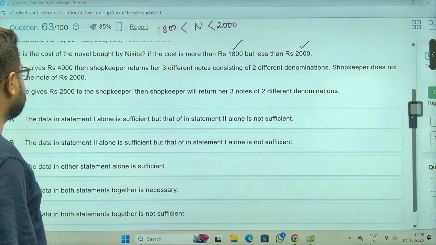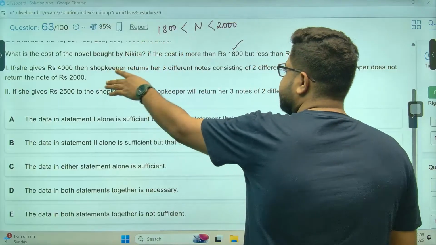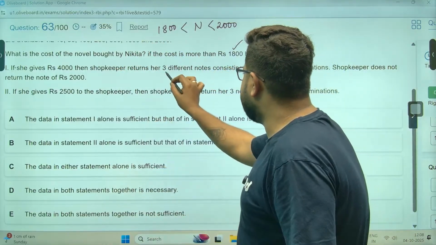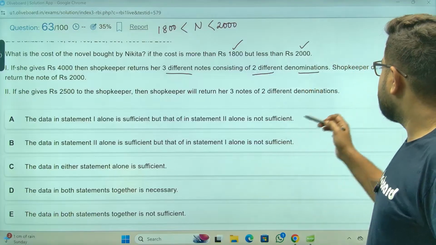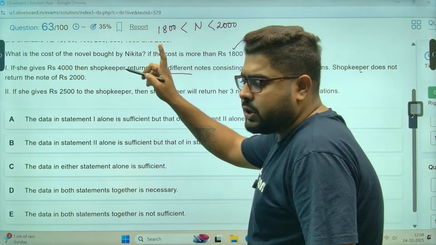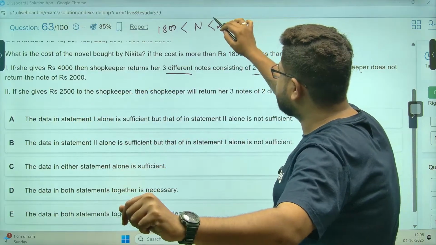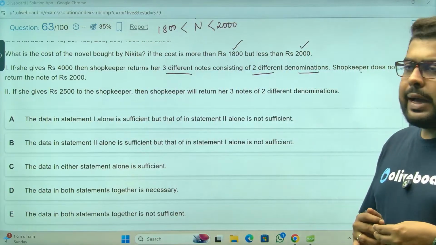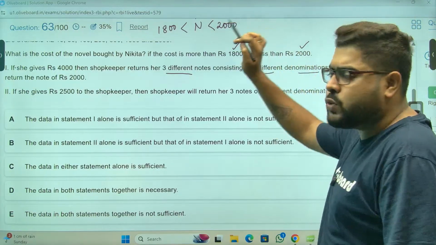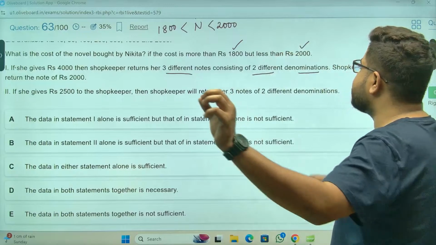So first one, sir. If she gives 4000 to the shopkeeper, shopkeeper returns her 3 different notes consisting 2 different denominations. Shopkeeper does not return the note of 2000. Now again, the cost of the novel has to be less than 2000 rupees, and the shopkeeper is not returning 2000 rupees. So the next best denomination that the shopkeeper must return is 1000.